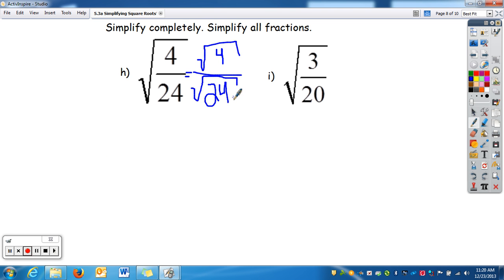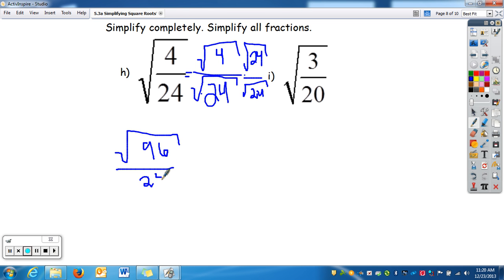So now I have a root 24 on the bottom, so I multiply by root 24 to the top. Okay, so I can go 4 times root 24, which is root 96, over 24.